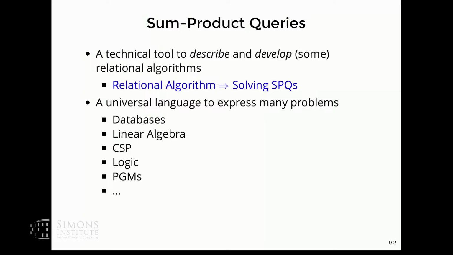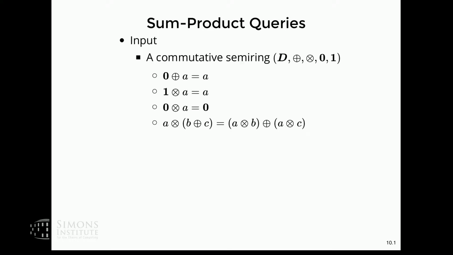So what exactly do we mean by a sum-product query? To specify one, the first thing we need is a commutative semi-ring, which consists of a domain, a binary operator that represents addition, a binary operator that represents multiplication, an additive identity 0, and a multiplicative identity 1.